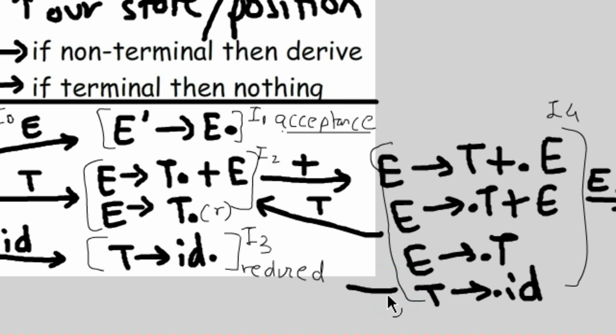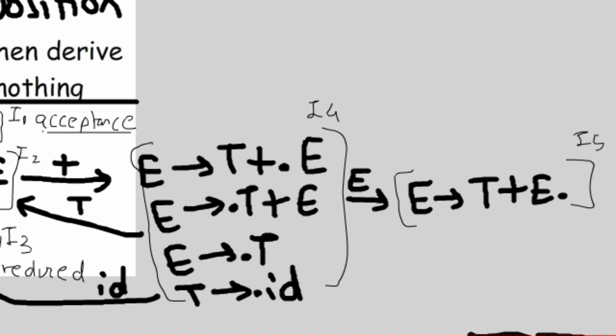we will take this arrow back to the first equation, because this dot just needs to go in front of id and this dot is already in front of id. So we will write id above the arrow. So this is how you complete the graph. This is the complete graph.